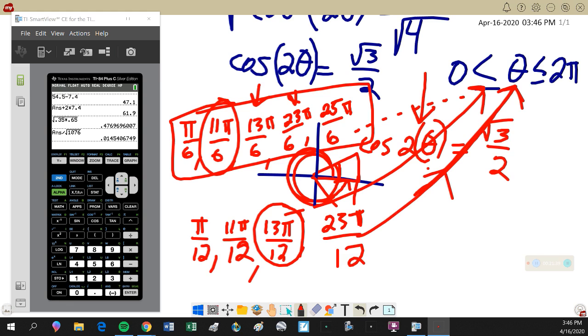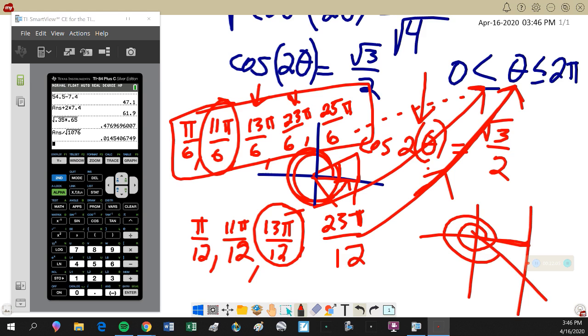Yes. 23 over 12 is just slightly less than 2. When I double it, I get 23 pi over 6, and the x value is root 3 over 2. Let's try the next one.